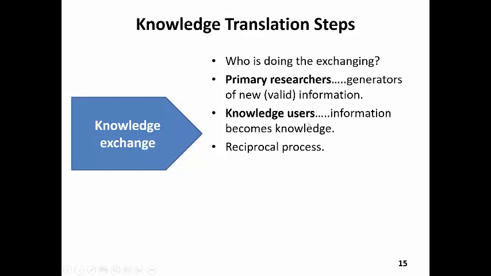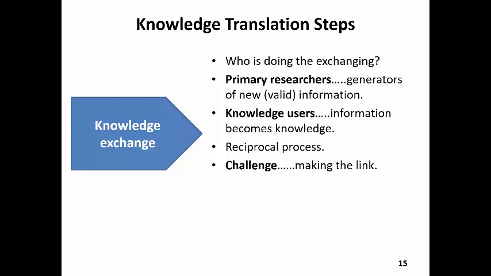Reciprocal process referring to the fact that the knowledge users will harness the information generated by the primary researchers, and the outcome of how that information is used can be fed back to the researchers that will consider that in the next steps in generating another round of new information, which is the outcome of the next round of research studies.